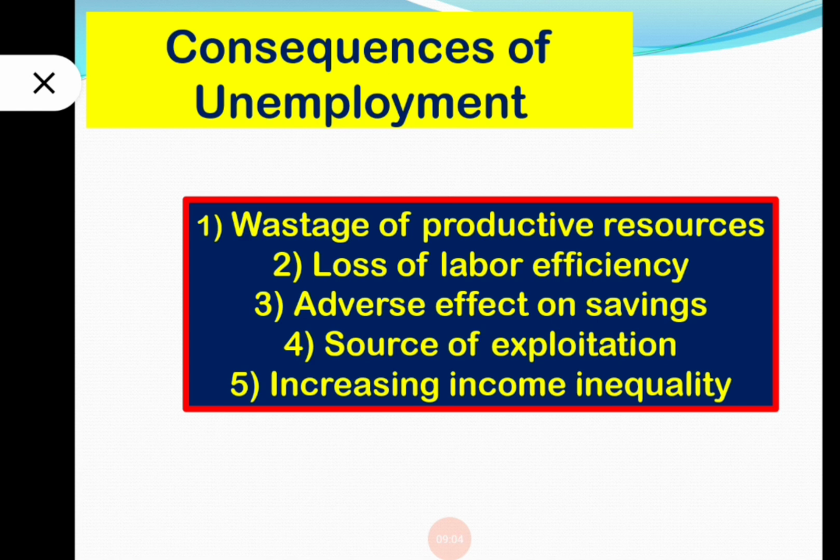Similarly, if workers are out of job for a long time, their work habits, work culture may change. They may become lethargic and soon they may lose interest in work. So, that is the basic reason for loss of labor efficiency, because it indicates the decrease in efficiency of the labor force.